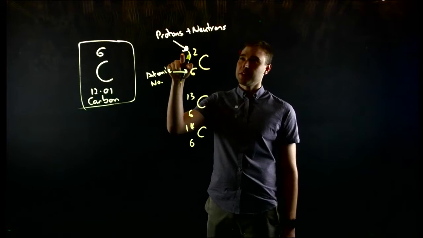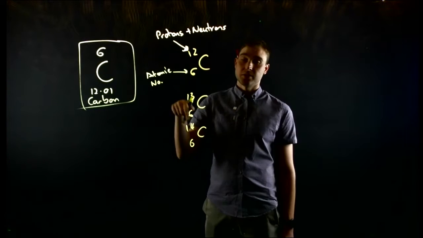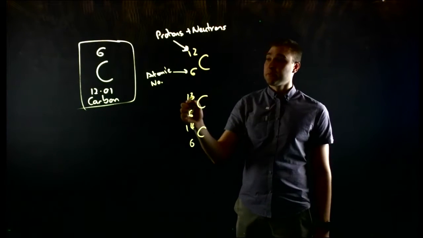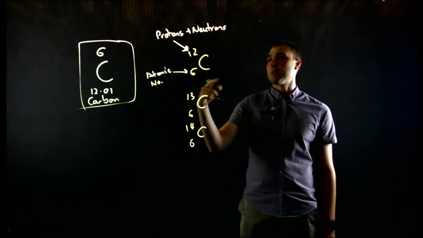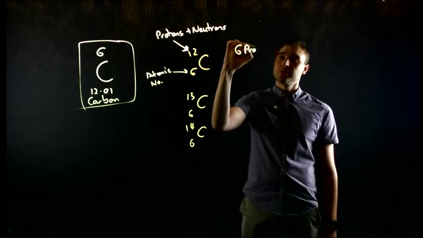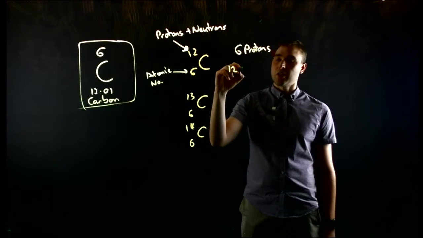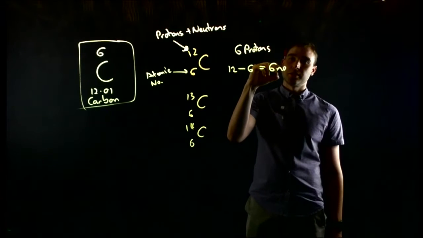So from that we can figure out how many neutrons we have. For carbon 12, we've got 6 protons. Then we do 12, the mass number, minus the atomic number, 6, and that tells us how many neutrons are in this atom.